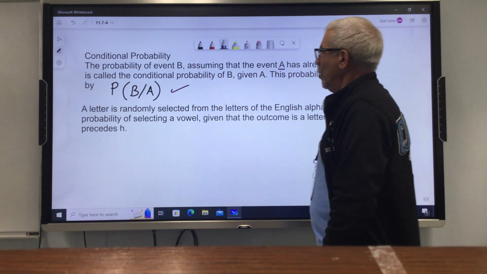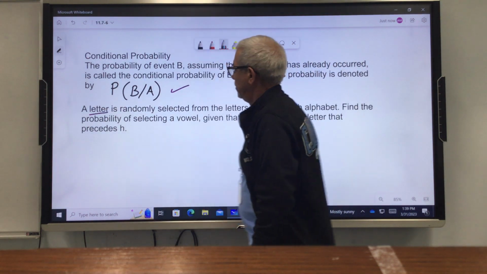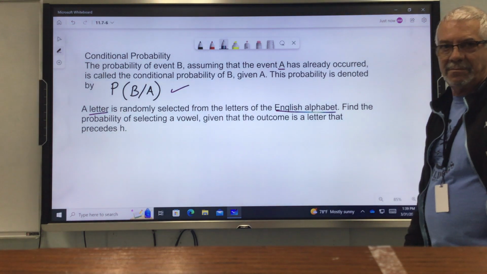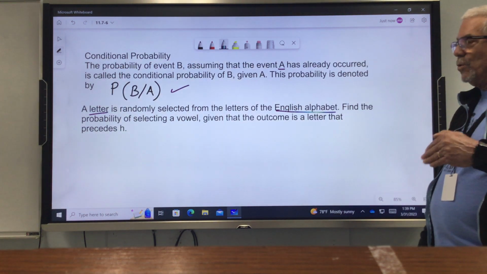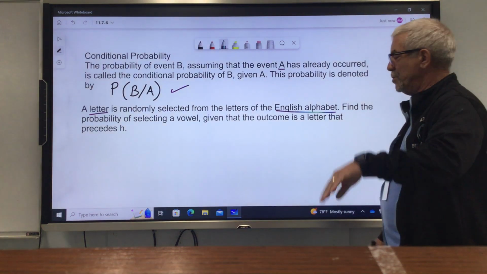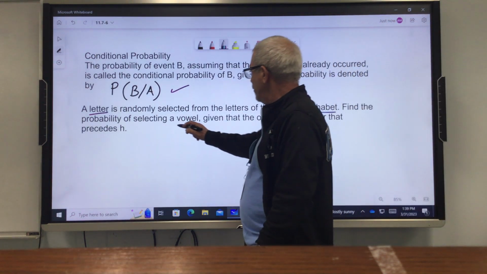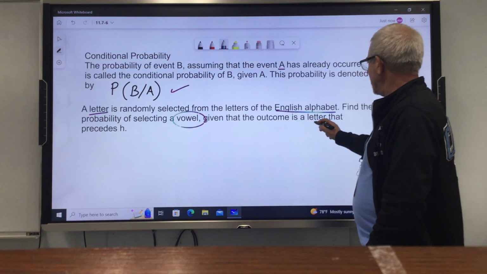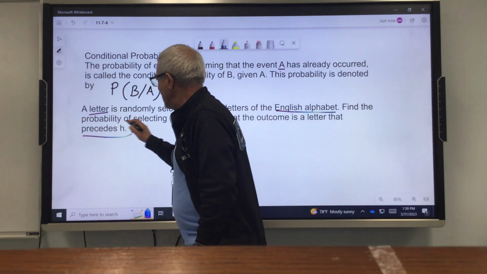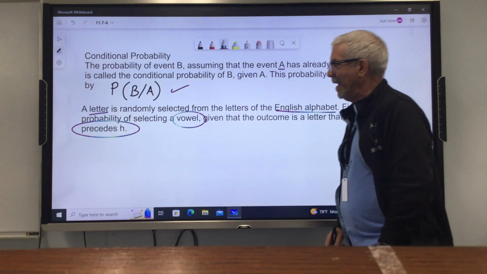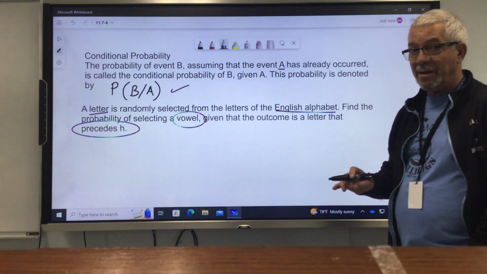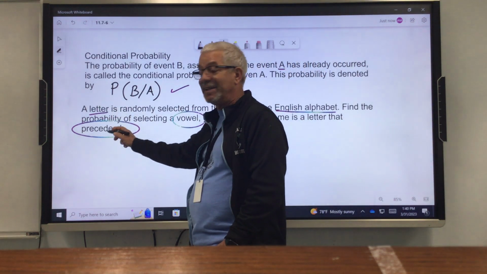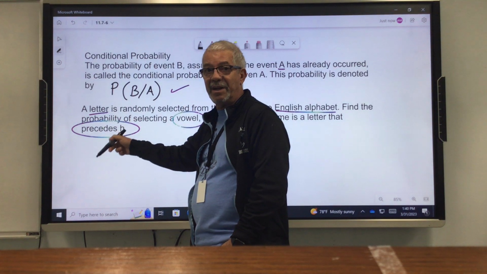Okay, I am going to select a letter from the English alphabet. What is the condition? I am going to select a vowel, given that the outcome is a letter that precedes H. Then that is my condition. The first thing I need to find is how many letters are before H in the English alphabet.